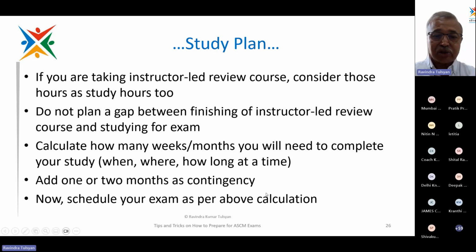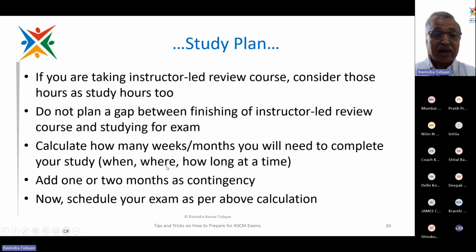Now, also important in this is when to study, where to study, how long to study. This depends on your preferences. As I said, everybody has different preferences. Some people can get up early and study. Some people can stay late and study.